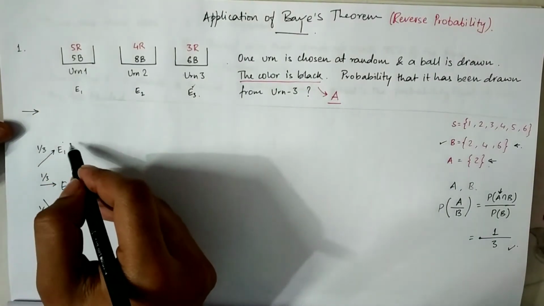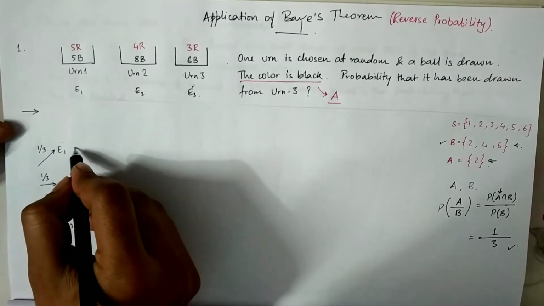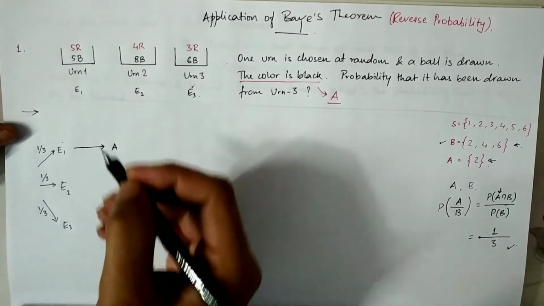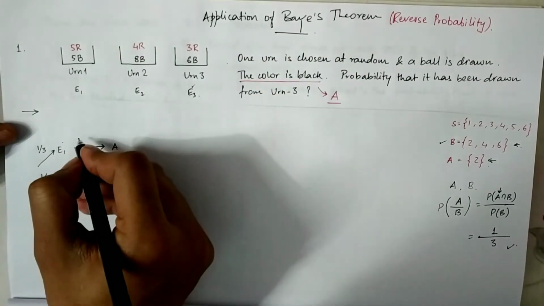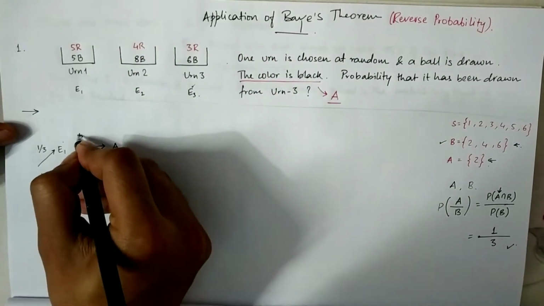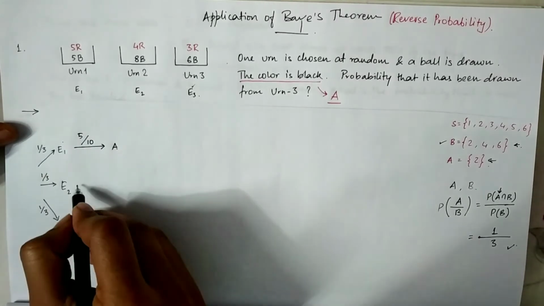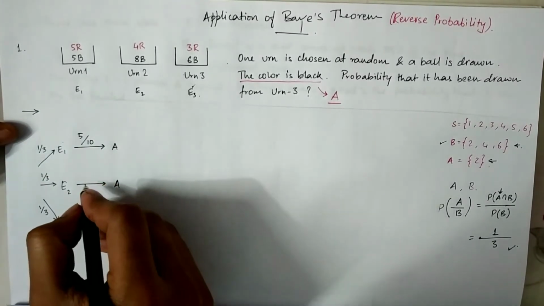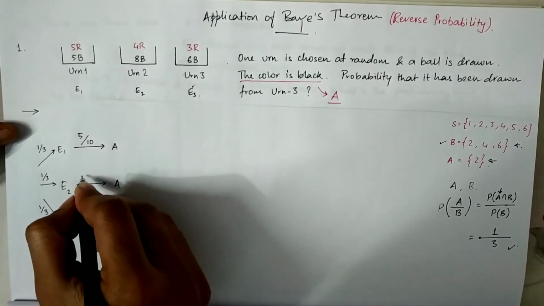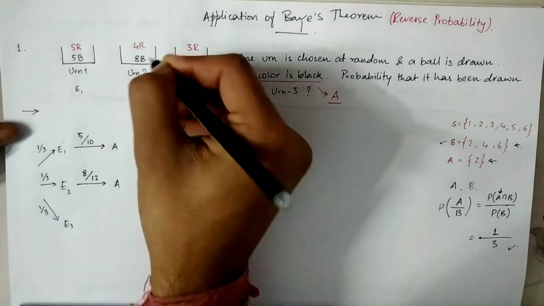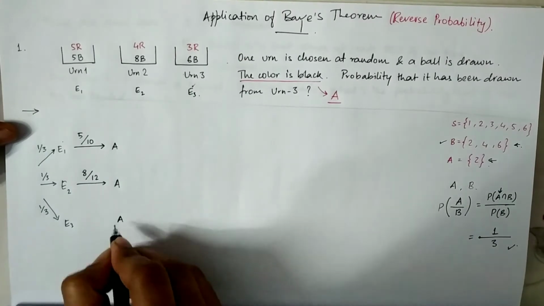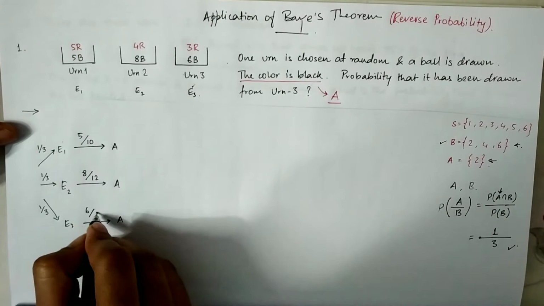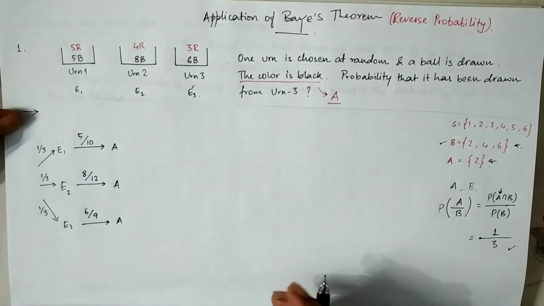Once the first urn is chosen, since there are 5 red and 5 black balls, the probability of getting a black ball out of it is 5 upon 10. In urn 2, for the black ball, it is going to be 8 upon 12, since there are 8 black balls. For the third urn, it is going to be 6 upon 9, since there are 6 black balls.